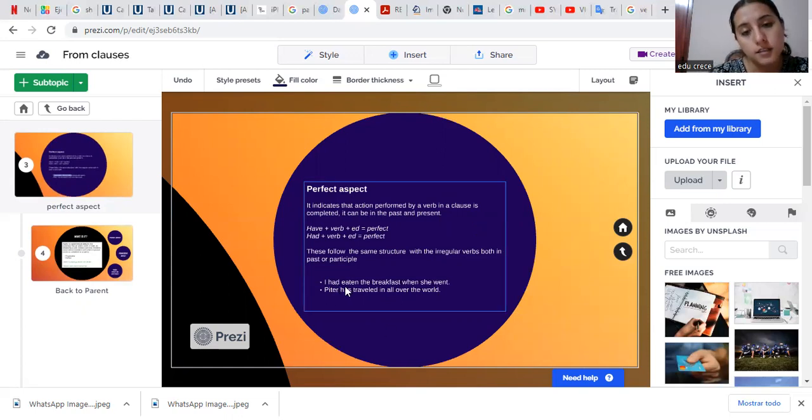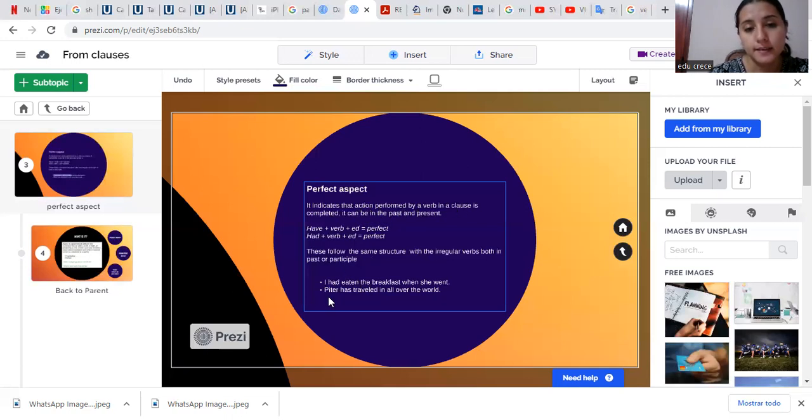I had eaten the breakfast when she went. In this case, the sentence indicates that the action performed by a verb in the clause is completed.